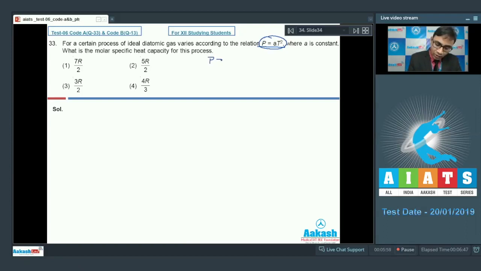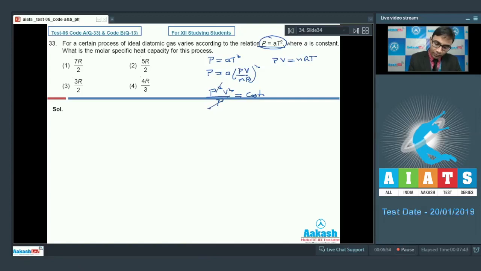So P is equal to AT square is given, and we know that PV will always be equal to nRT. So if I replace the temperature, we can write A into PV by nR whole square. So by solving, we can say that P square V square by P will remain constant.